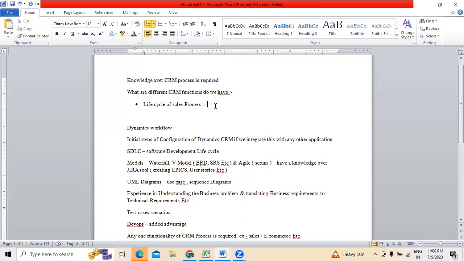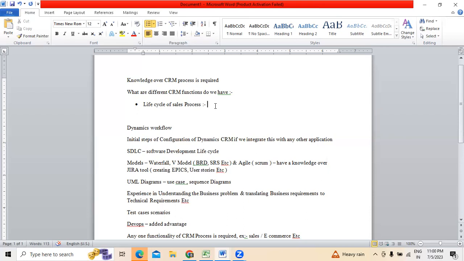As an example, I have taken the Salesforce sales application, because we have taken sales CRM in our training. So we need to know the life cycle of a sales process. If you understand the life cycle of a sales process from the Dynamics CRM point of view, you will understand the CRM functionalities.